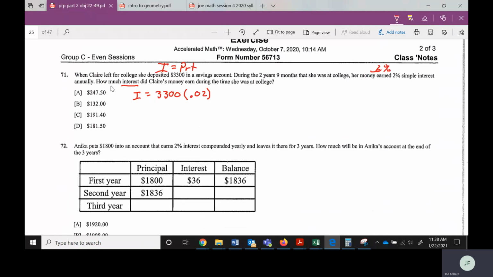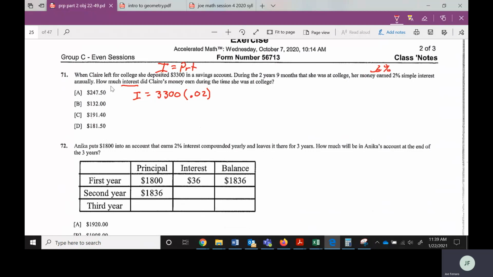Now the other tricky part of this problem is T is supposed to be in years. We have 2 years, 9 months. Now don't write 2.9 or something like that. Okay, don't do that.